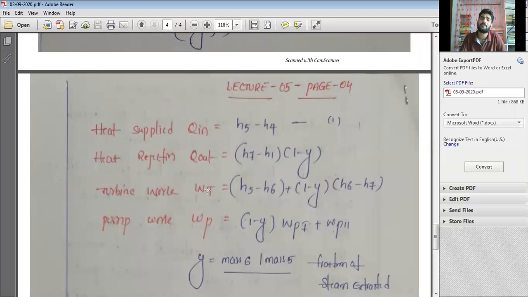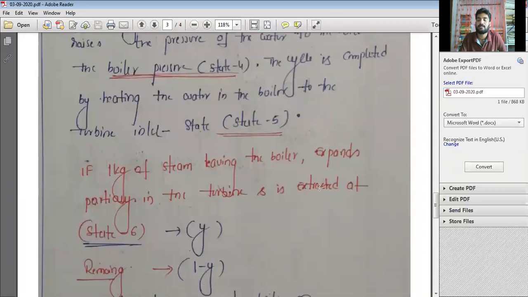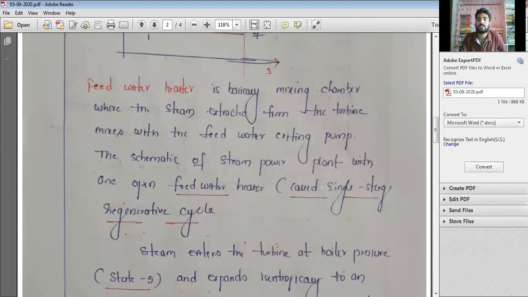Similarly, the turbine work is H5 minus H6 plus H6 minus H7. At state 7, the 1 minus Y steam is rejected from the steam turbine, that's why I multiplied by 1 minus Y. Finally I can write this equation: H5 minus H6 plus 1 minus Y into H6 minus H7. I clearly mentioned it is a closed cycle.